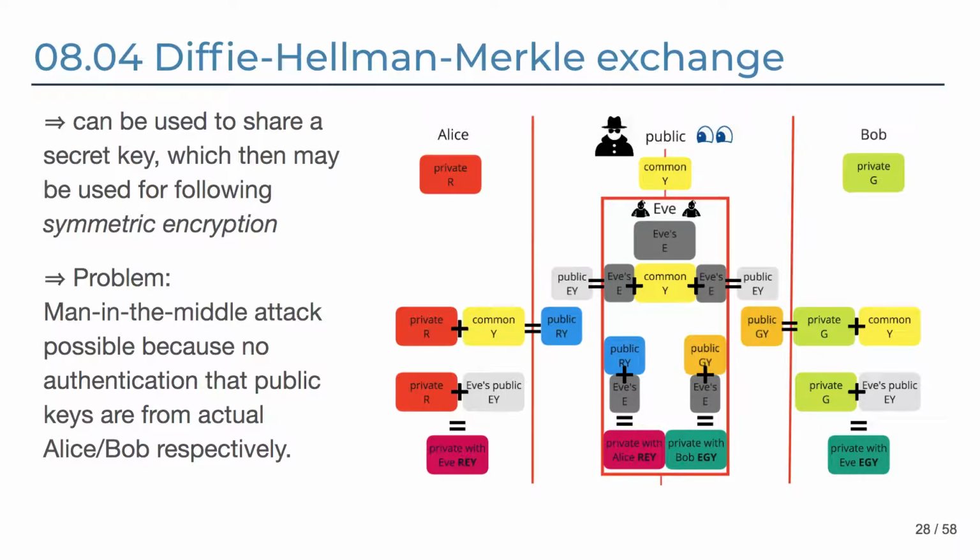Hence, the problem of this whole exchange idea is that there is no way yet to authenticate whether Alice is the true Alice and not a fake one, which here Eve takes the position for, and Bob is the real Bob. So you basically also need authentication of the two communicating parties. So that's the problem.